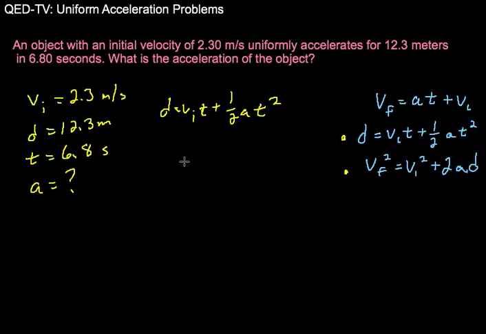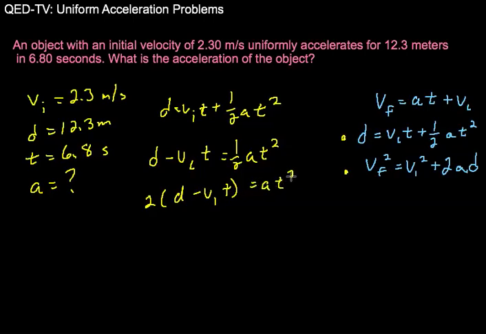Okay, and I could rearrange this. I could take D minus VIT equals 1/2 AT squared, and I could take the 2 times this other side, so I'd have 2 times D minus VIT equals AT squared.